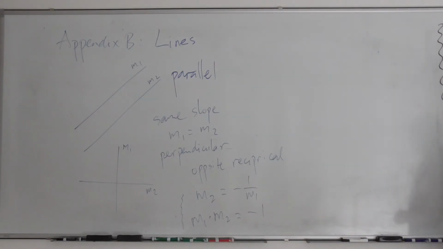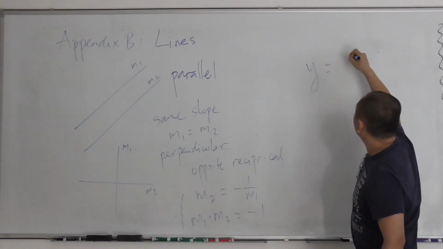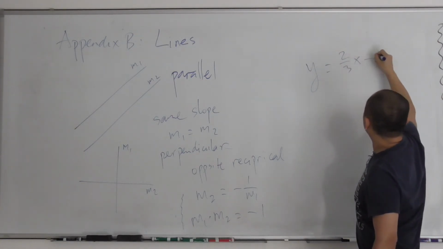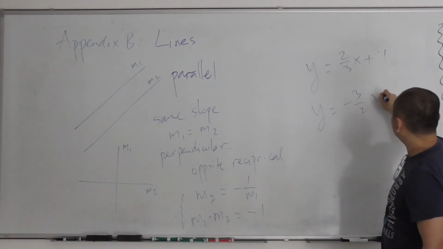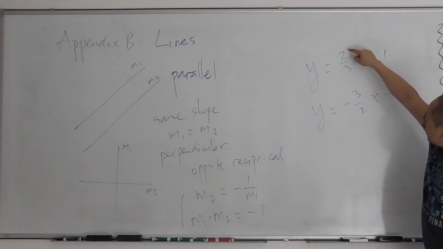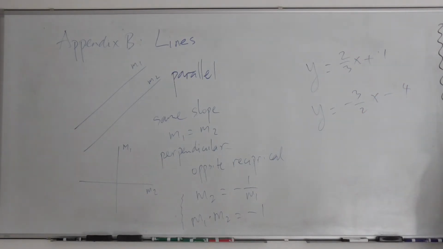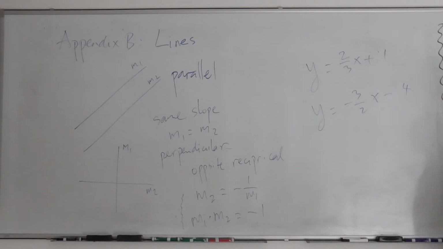Say the first line is y equals 2/3 x plus 1. The second line is y equals -3/2 x minus 4. You know the two lines are perpendicular because the first slope and the second slope have opposite signs and are reciprocal fractions.